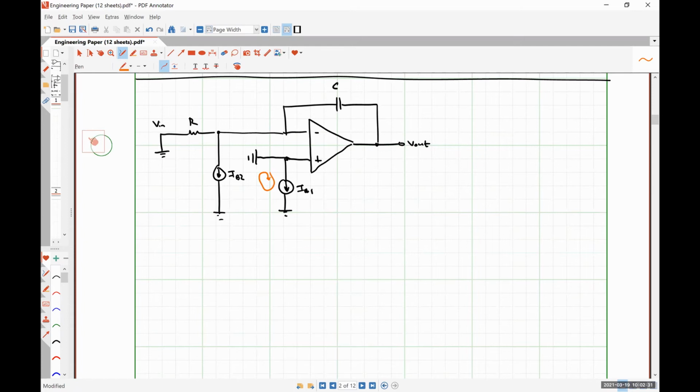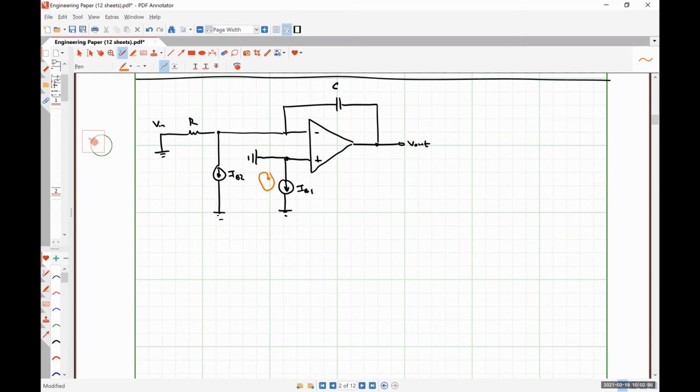To analyze this more easily, we can observe that our resistor R is in parallel with that current source IB2 when our input is grounded, correct? They're both placed between the inverting input terminal of the op amp and ground, which means they're in parallel.